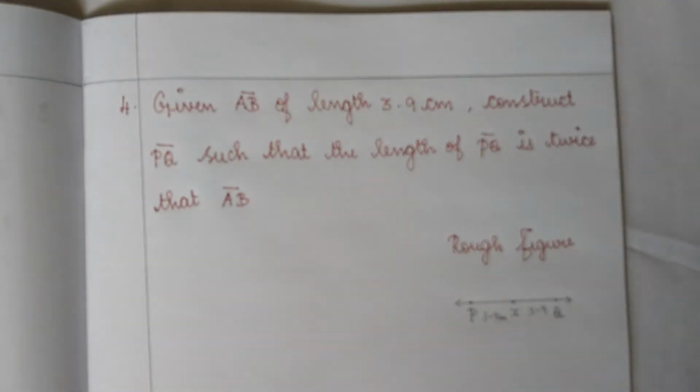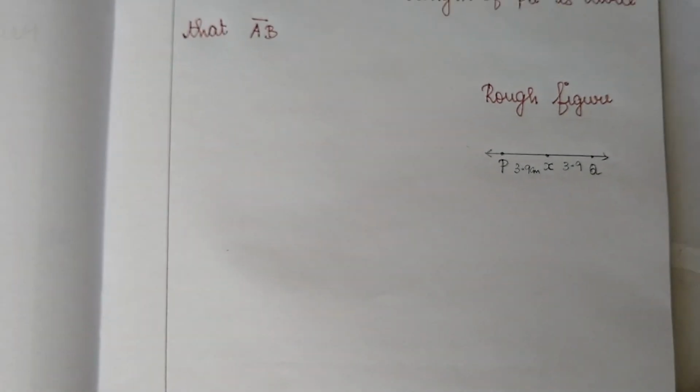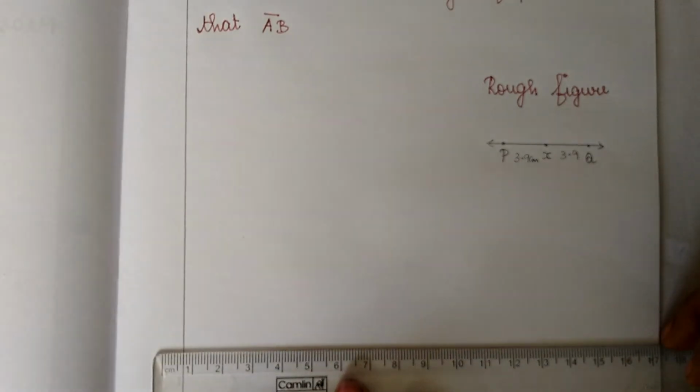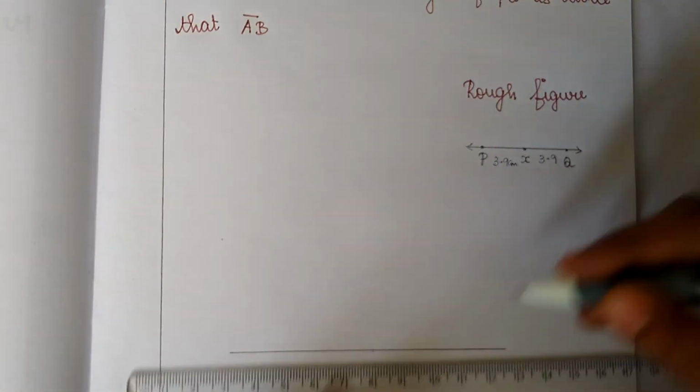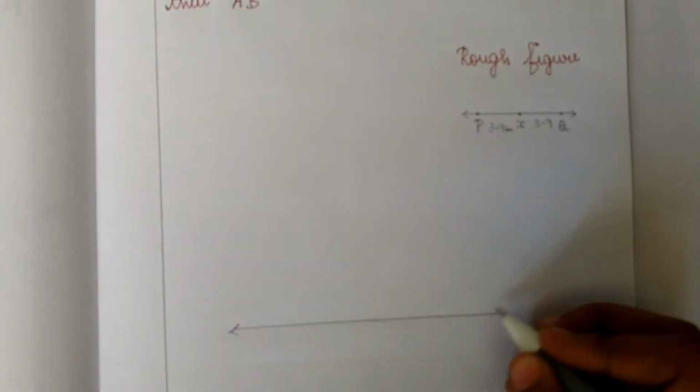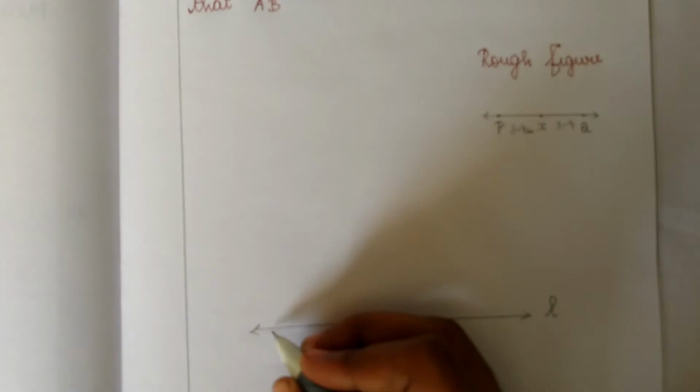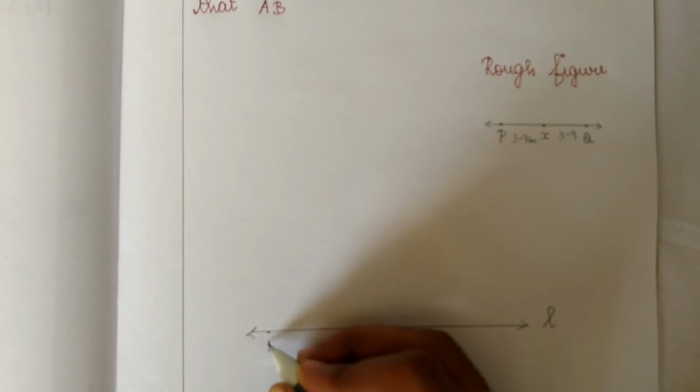So draw a main diagram using ruler. First draw one line. This is line L. Then mark P. Then we have to measure PX.